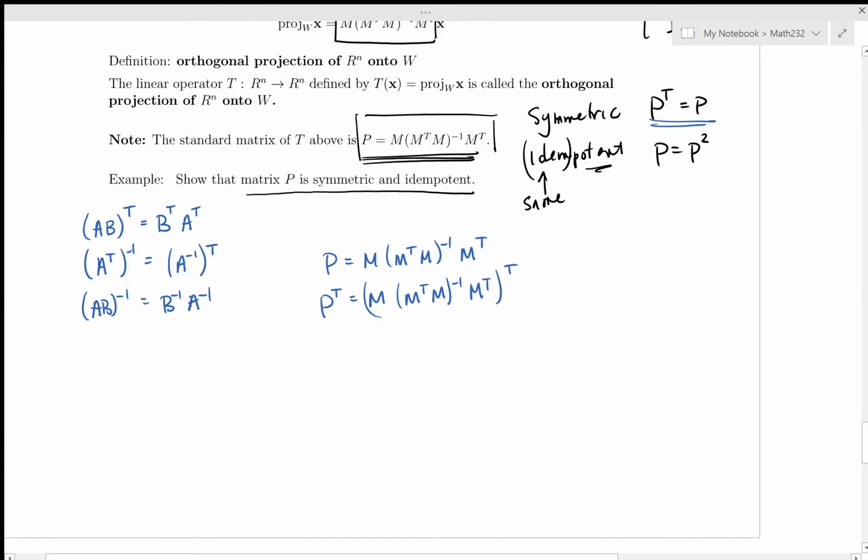There. Okay, and then with this property here, I'm going to take the transpose of each individual item, and I am going to reverse the order. So this becomes M transpose transpose times M transpose M.